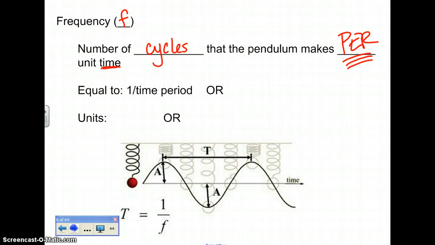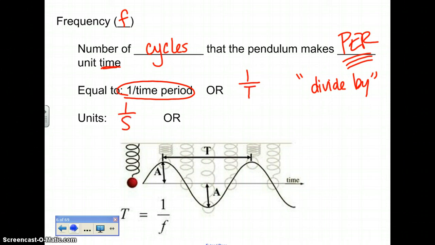So time's going to be in our denominator here. Remember, if you see per, this means divided by is pretty much what you can interject there. So you're looking at 1 over the time period. In other words, 1 over capital T. Well, that would be 1 over s, but we really know that as s to the negative first is what we would label that as.